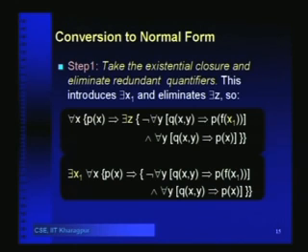So, if there is any quantifier which is redundant, that will be eliminated, and we will take the existential closure of those variables which are not quantified. So, for example, here we have this there exists z, but there is no z in the formula. So, this there exists z can be safely dropped, right. This is the elimination of a redundant quantifier.